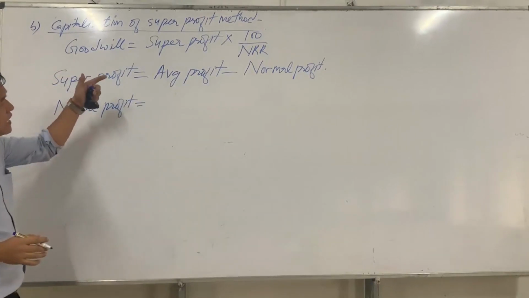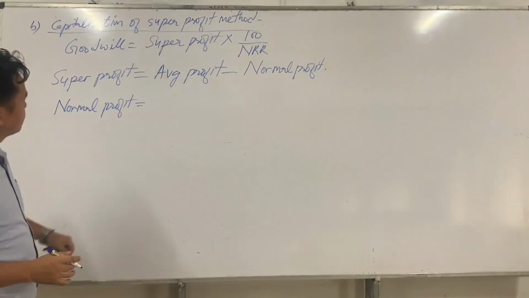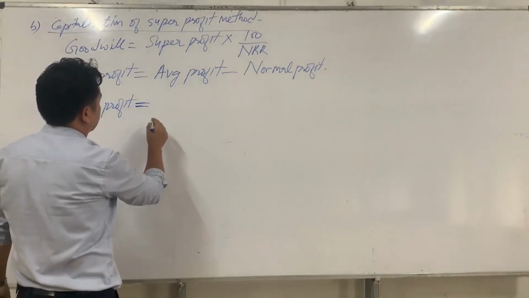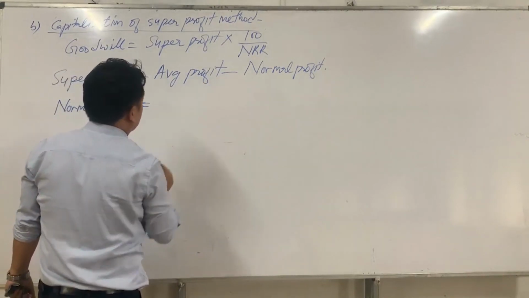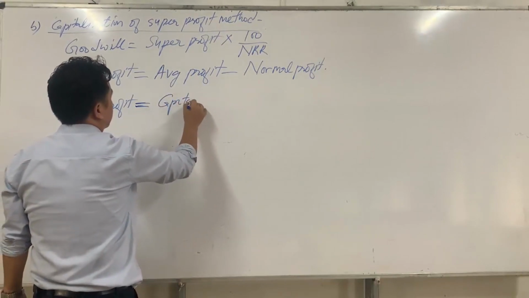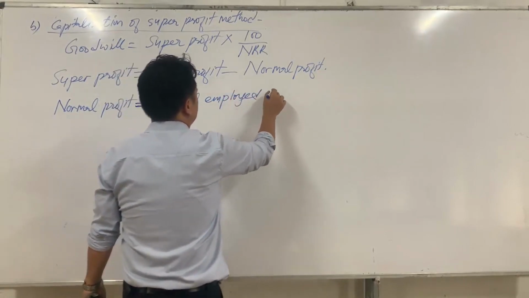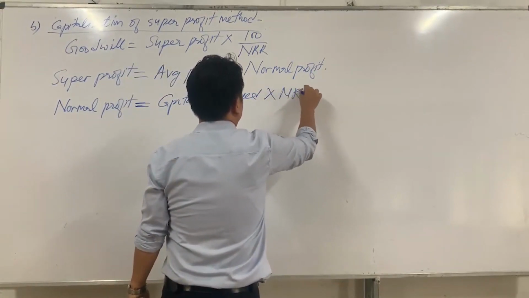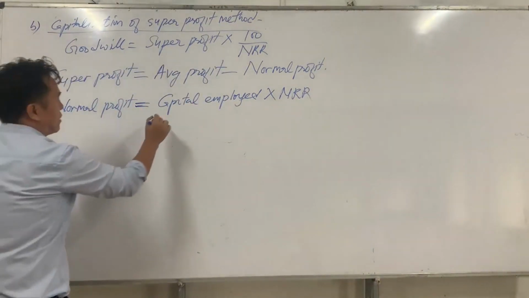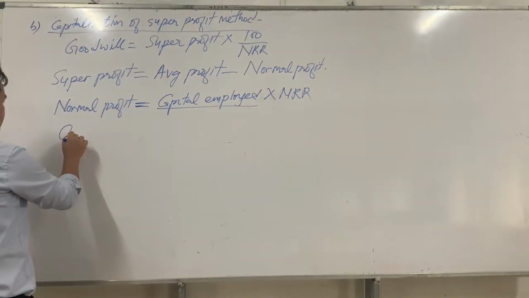Now here we are repeating the same procedure as we have discussed in super profit method. Average profit minus normal profit. Normal profit is equal to capital employed multiplied by normal rate of return. Okay? If this information is not given in the question directly, then it can be found out like this.